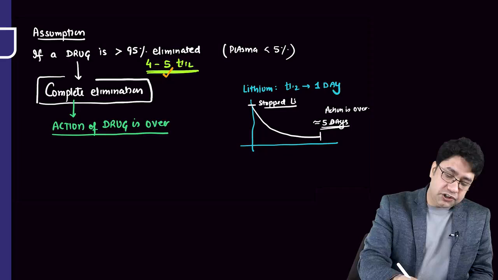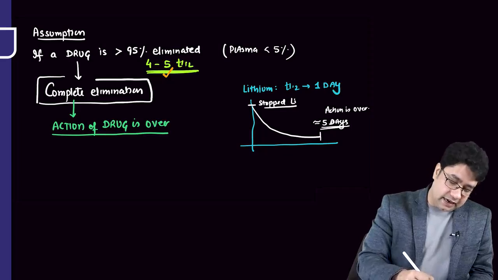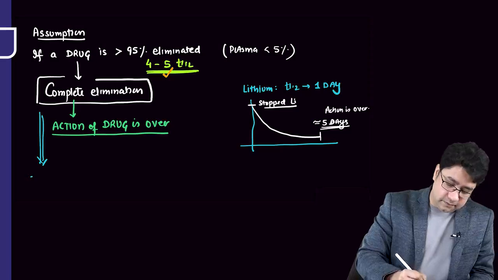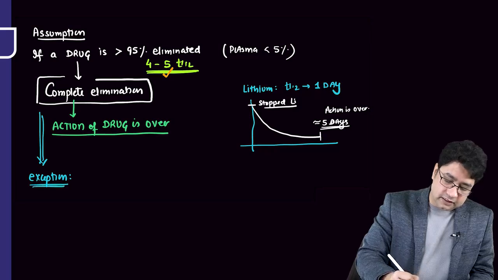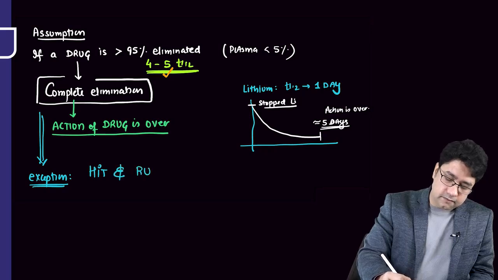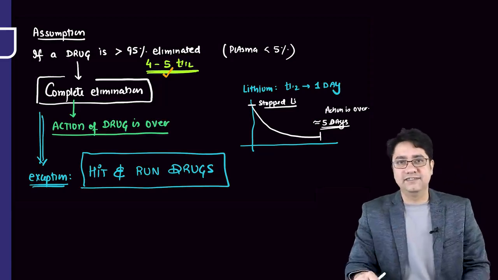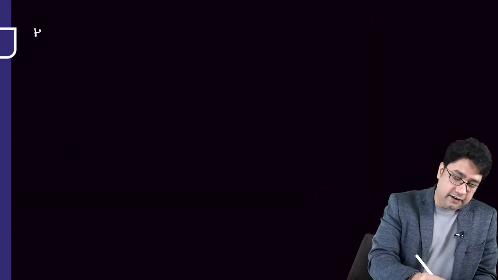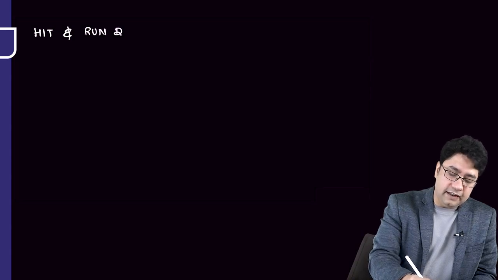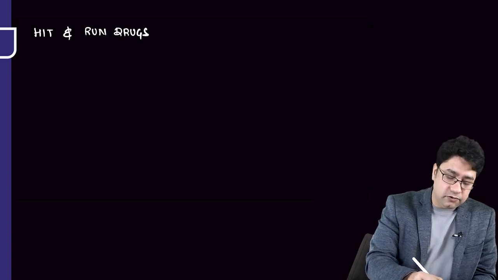So the exception to this rule is a class of drugs known as hit and run drugs. Hit and run drugs, they don't follow this assumption. So let's write, what do you mean by hit and run drugs? The definition of hit and run drug becomes very easy now.